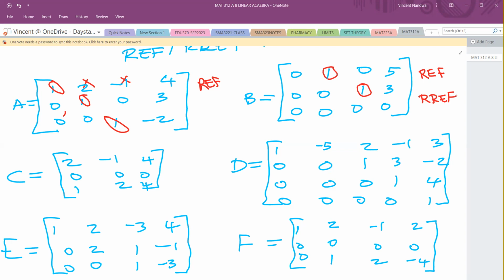Yeah, that's the first mistake. The matrix has a row with all elements zero, but it is not placed at the bottom. So in fact, that's enough to say that this is not in row echelon form.